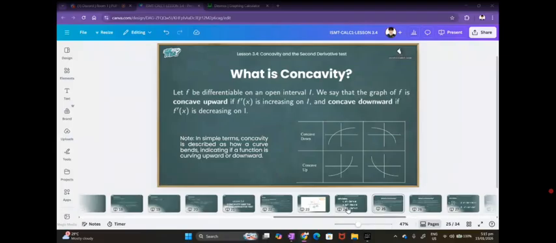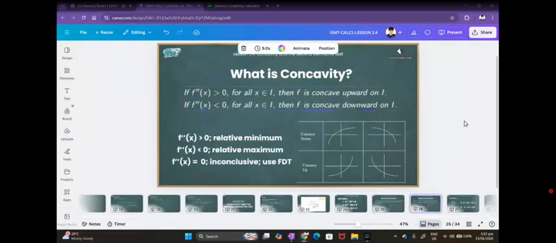Ayun. So, di ba sa first derivative, if the first derivative is greater than 0, it's increasing. Same here, if the second derivative is greater than 0, then the function is concave upwards. Gets? So, ano ba pinagkaiba ng first and second derivative?